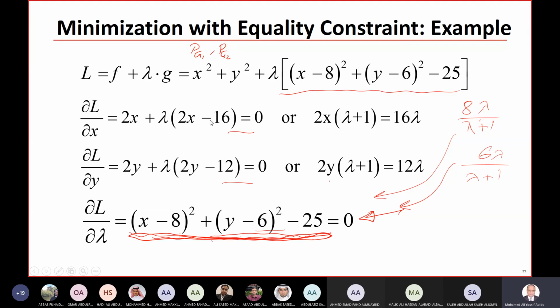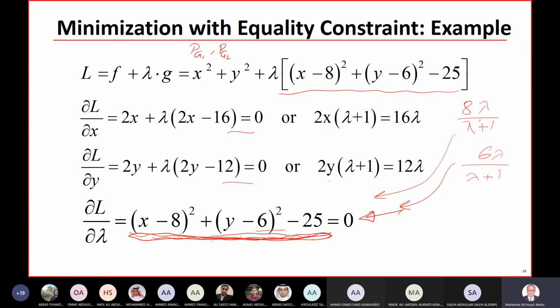But if you have very complex equations here, with x square and x and so on, and you have non-linearities in this equation, it is not easy to solve as we have here in this example. Here we can get x as a function of lambda, y as a function of lambda, and we substitute. Or we can eliminate lambda from here and get x as a function of y and substitute. But this is not always the case.